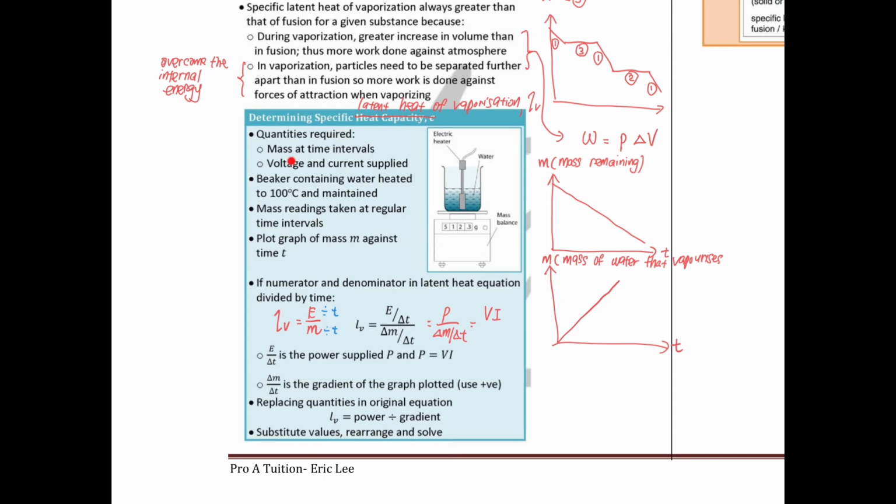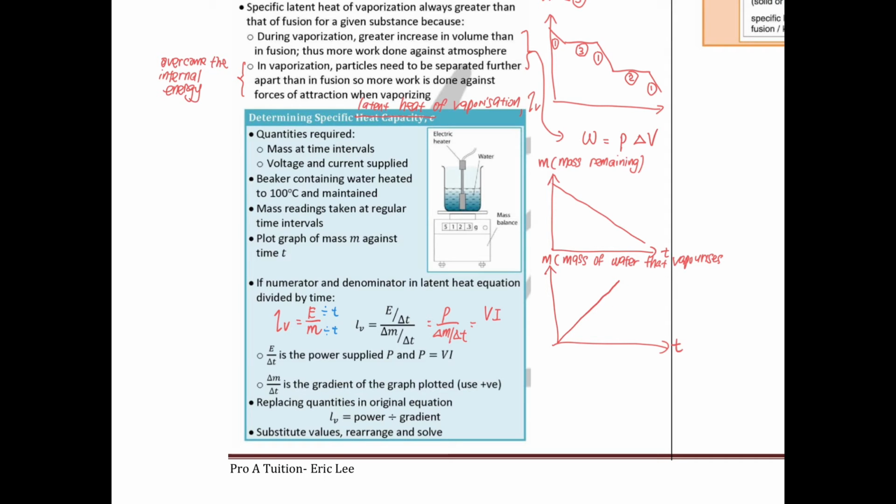During the experiment we are controlling the voltage and the current, so we have the values, so we can substitute inside and get the power, and the numerator is settled. For the denominator, we have to know that delta M over delta T is this one, this graph.